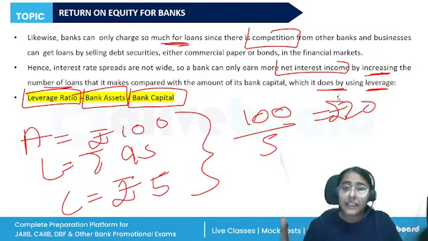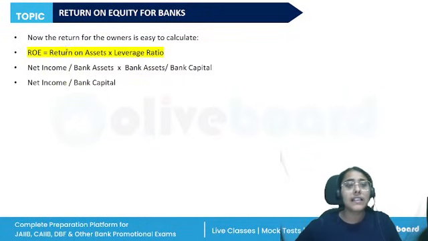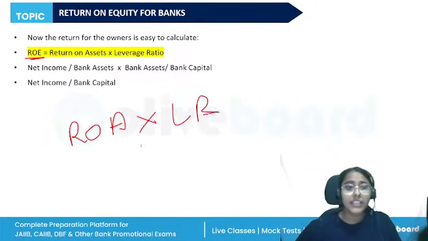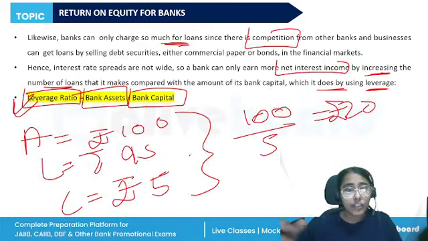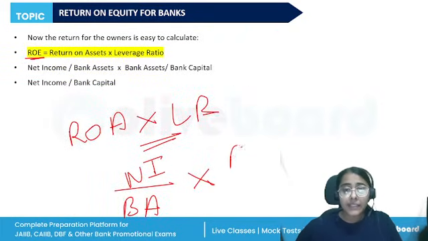All right. Now let us come back to the return on equity. Now, when we know the leverage ratio, we will simply calculate the return on equity by multiplying the ROA with the leverage ratio. So ROA, we calculated by dividing the net income by the bank assets, multiplied by the leverage ratio, whose formula is bank's assets divided by bank capital.